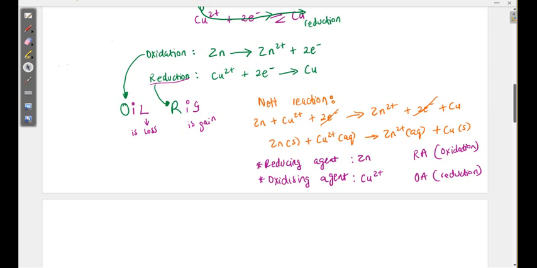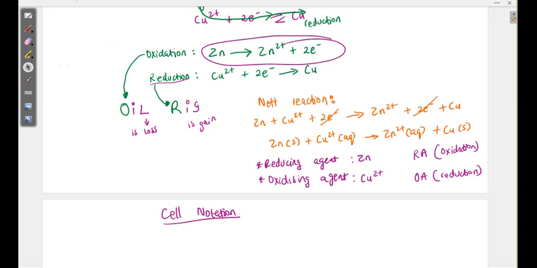Okay, so the next thing we need to know is what we call a cell notation. The way I write it is this: I go to check the oxidation reaction. Our oxidation reaction is this one. Ignore the electrons.